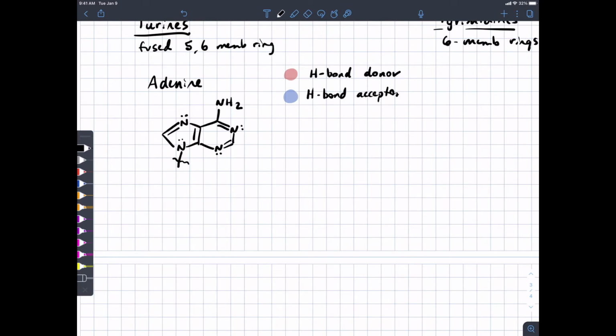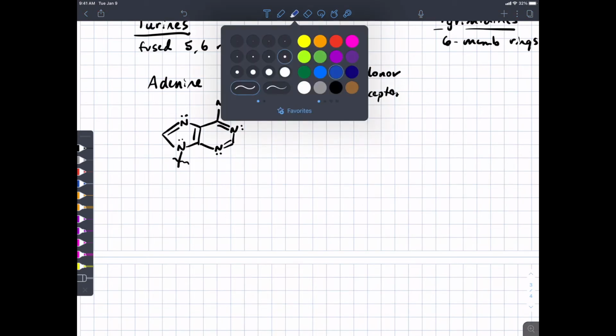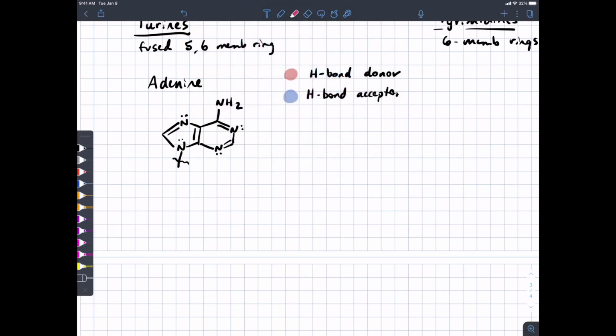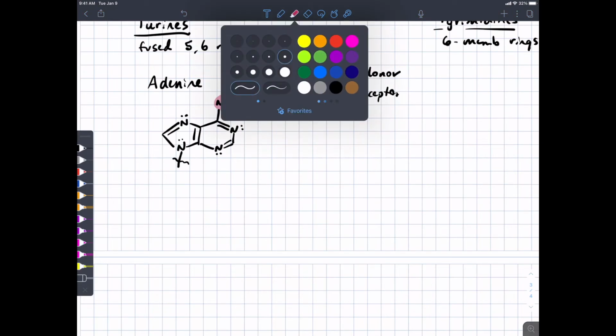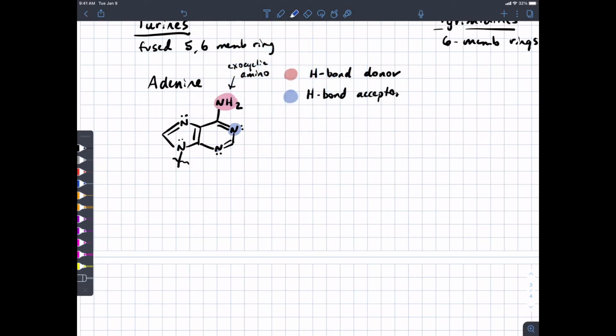So if you look at adenine, we can identify places where there's an H bond donor. That's going to be here. And this group is sometimes called an exocyclic amino group because it's not in the ring, but you're going to hear people talk about the exocyclic amino group of adenine, and that's what they're getting at. And then we have 3 hydrogen bond acceptors.